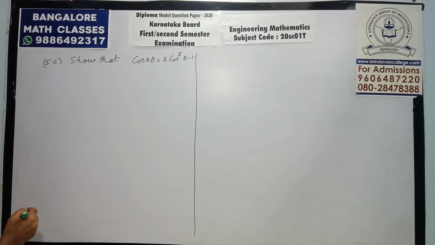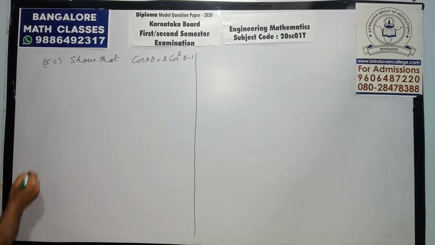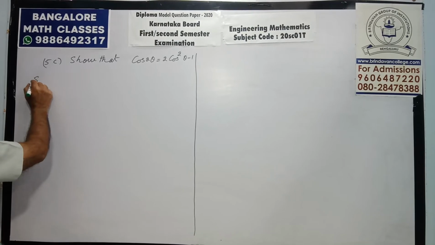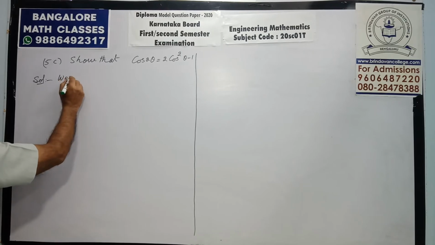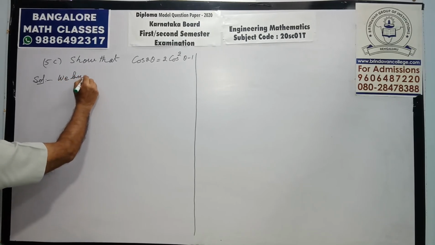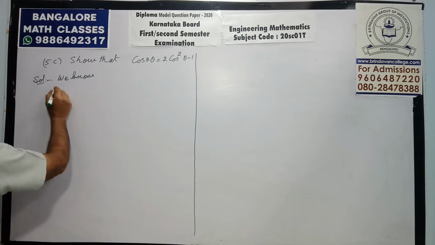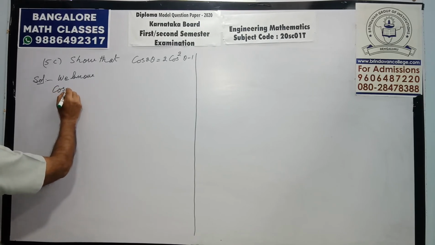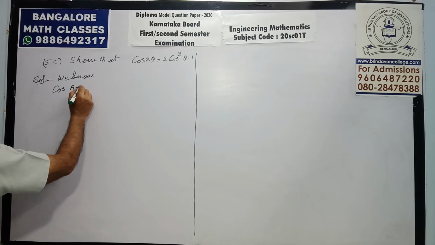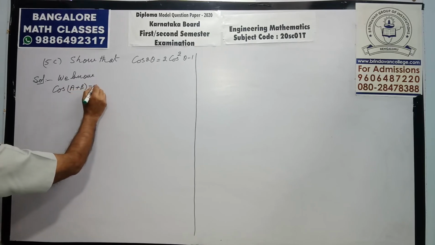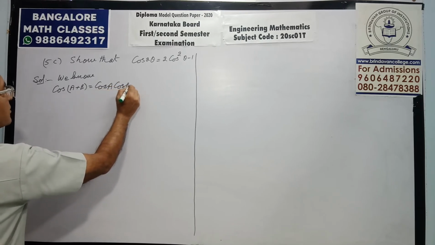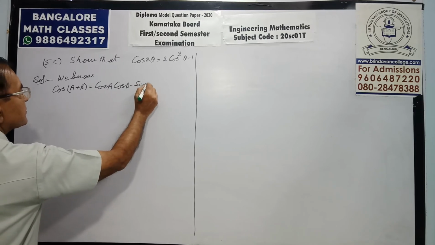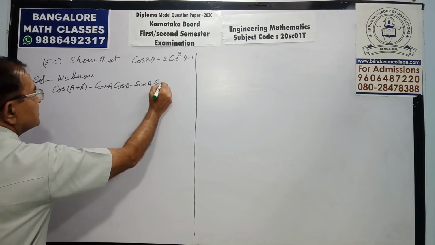Fifth C part. Show that cos 2 theta equals 2 cos square theta minus 1. We know cos(A plus B) equals cos A cos B minus sin A sin B. We know this identity.